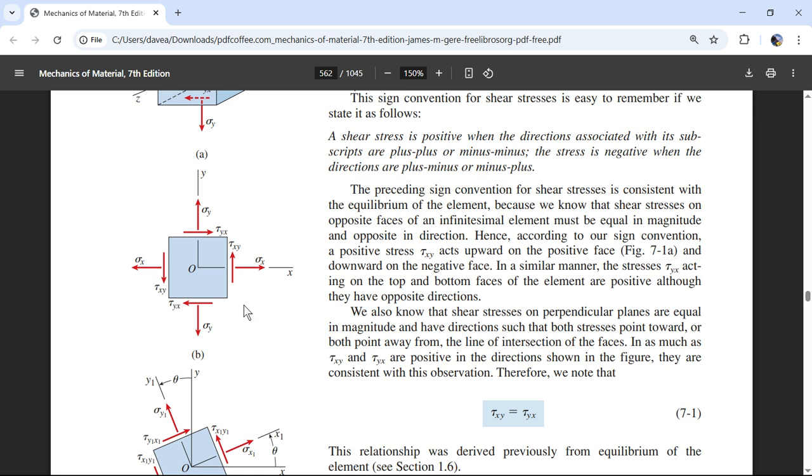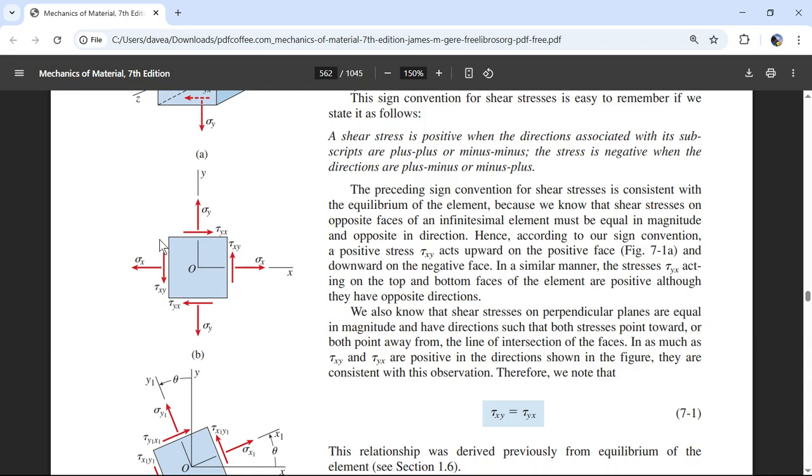Man, don't quote me on that, because I swear in chapter 2 they use a convention where they're just like, yeah, let's just say shear is something that rotates an object clockwise or something like that. And I'm just like, huh. And that does come into play when it comes to vertical shear stresses.